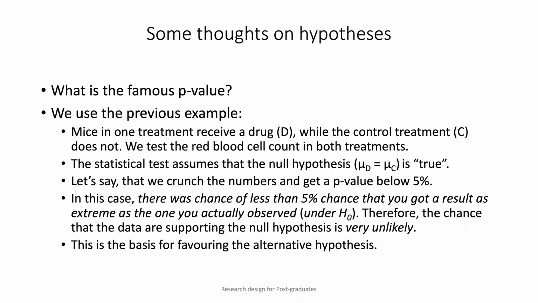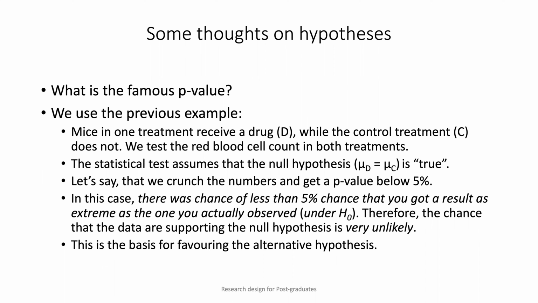become a part of our daily research activities, and it's perhaps the one value that everybody is particularly interested in. Let's use the previous example. Let's say mice in one treatment receive a drug while the control treatment does not.